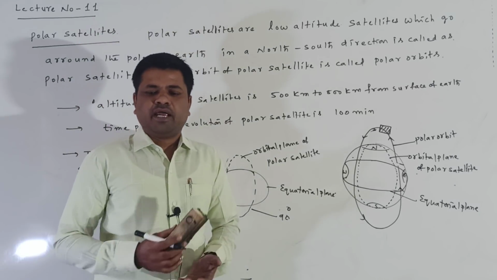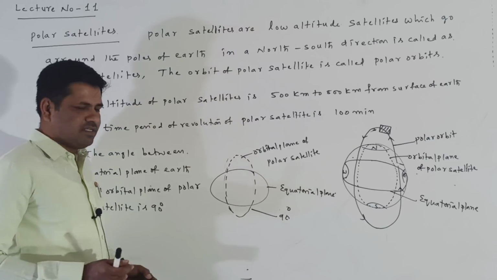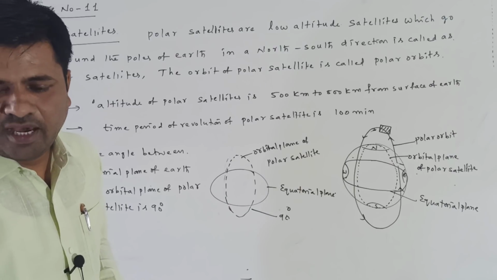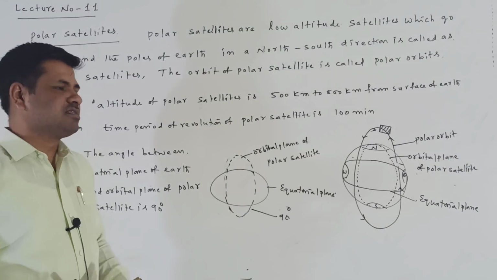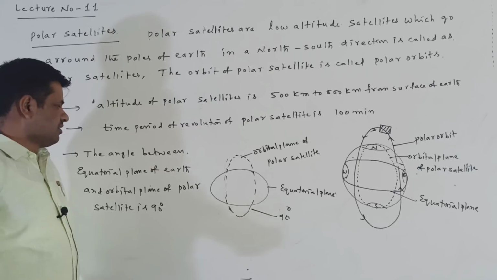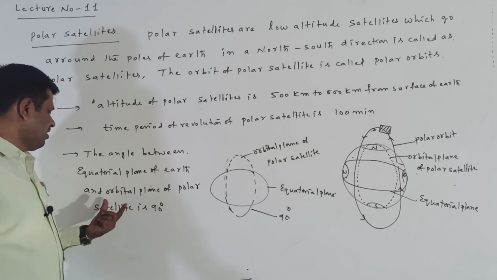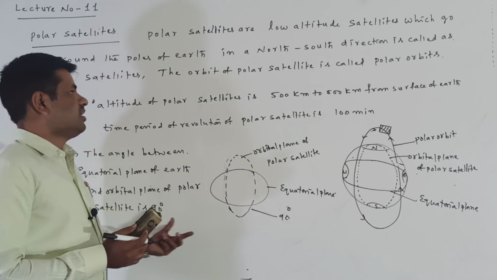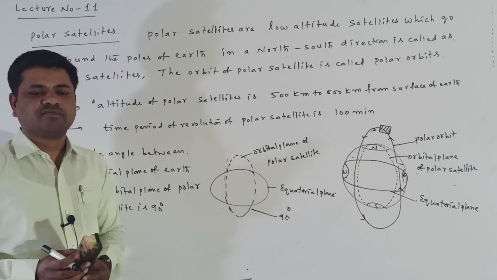Here we considered the angle, that angle I am considering as a. How many degrees? 90 degrees. The angle between the equatorial plane of Earth and the orbital plane of polar satellite is 90 degrees.